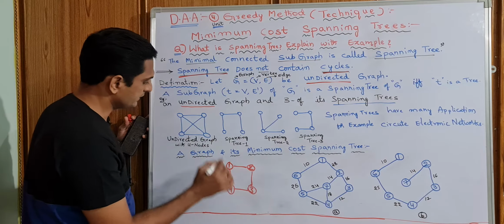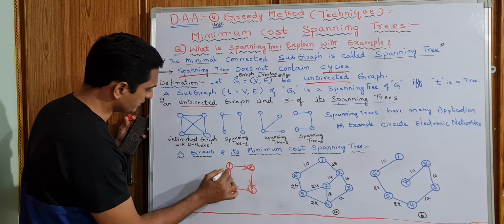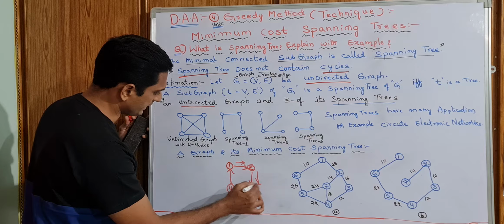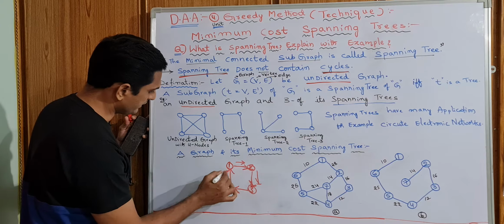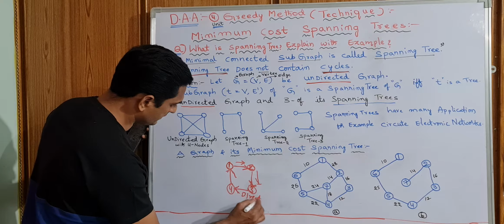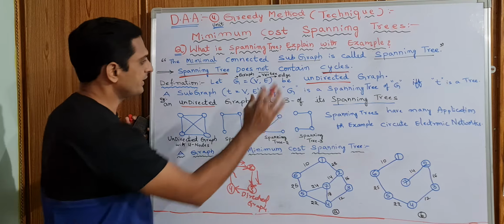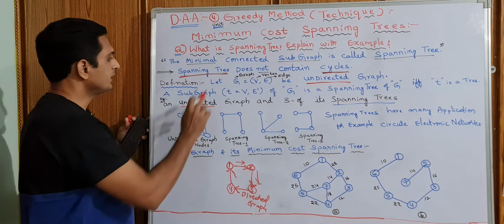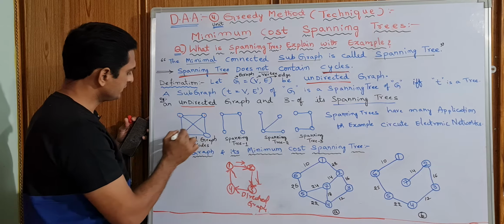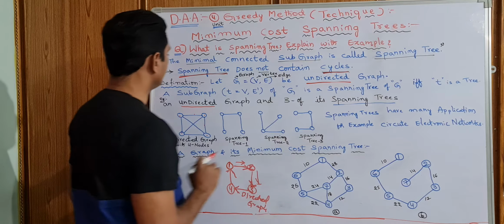This is a directed graph, where directions are given, like 1 to 2 and 2 to 3. Whereas in our definition, G is (V, E), V are vertices and E are edges, and it is an undirected graph.